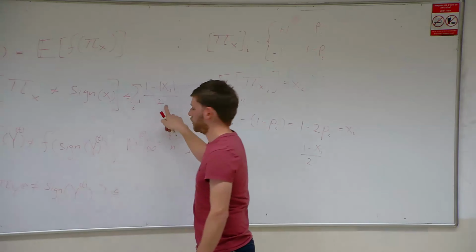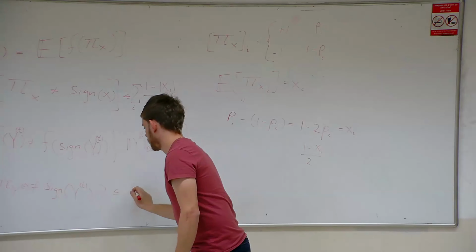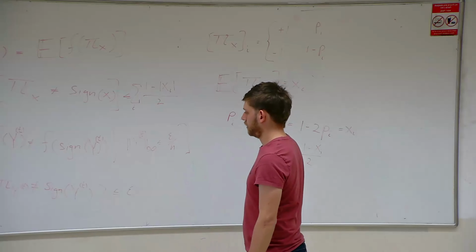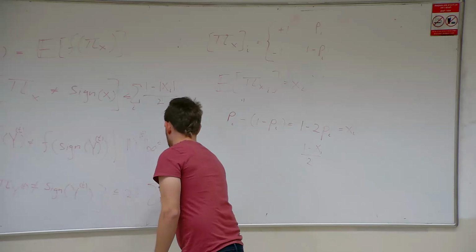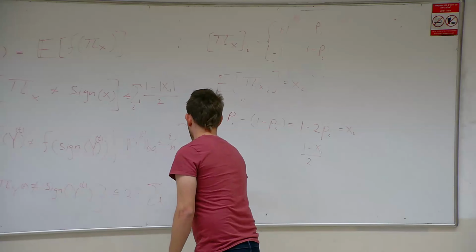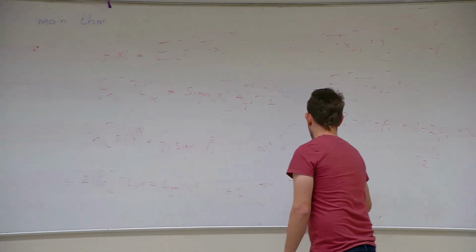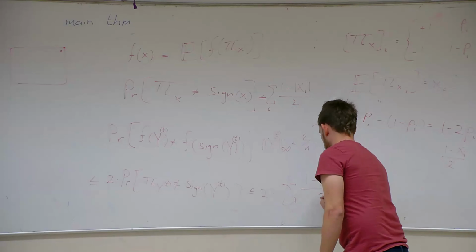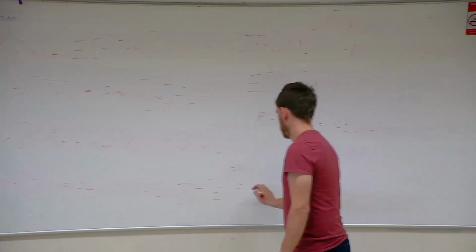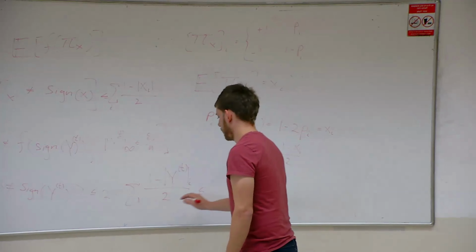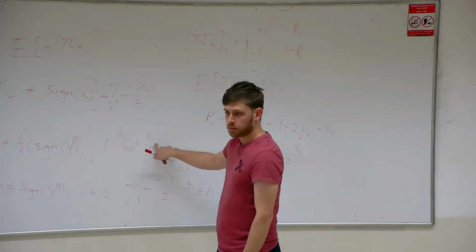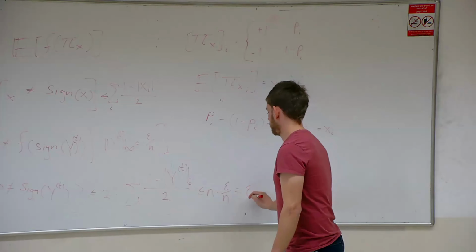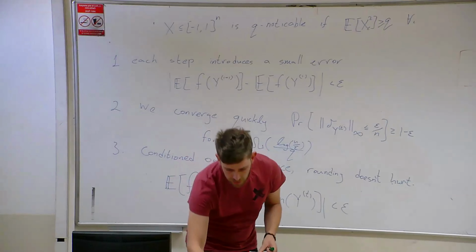And the two cancel with these two, and this is at most epsilon. Okay, so let's write it. It's 2 times sum of 1 minus yt in the i coordinate over 2, and this is at most n summands times epsilon over n, which is this one, equals epsilon.